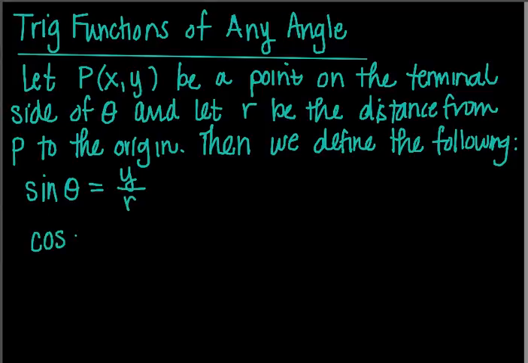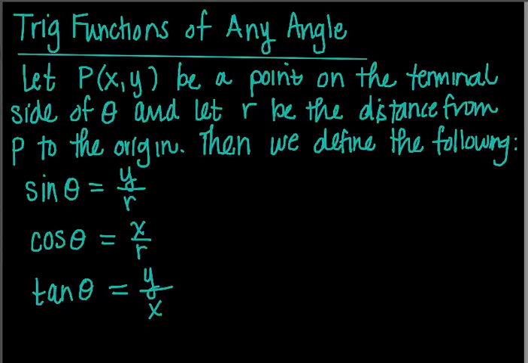What's cosine of theta going to be? Cosine of theta is going to be x over r. So that's adjacent over hypotenuse. And then tangent of theta is going to be y over x. You're going to need to know these. Maybe not today, but by next week you're going to need to know that sine is y over r, cosine is x over r, and tangent is y over x.